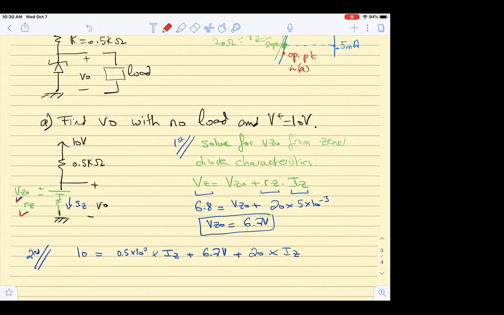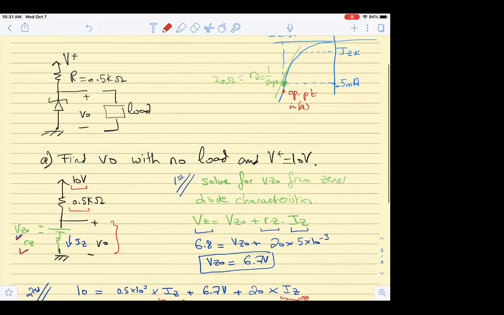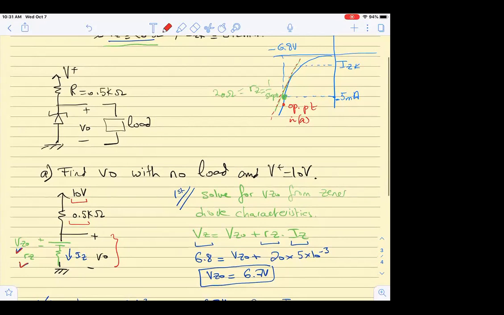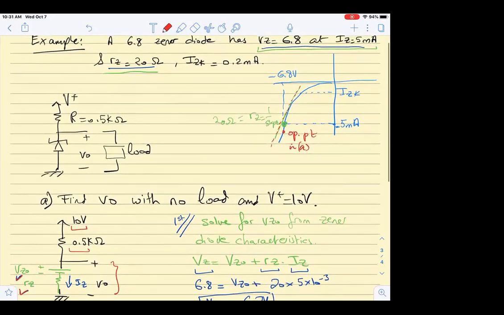And now, based on the supply voltage and the resistor and the interaction with the diode model, I will be able to solve for my new operating point and find my new operating voltage across the diode, because the diode will move on this line. And we don't know where exactly on this line it is. It will be in the vicinity of VZ, but not exactly at it.